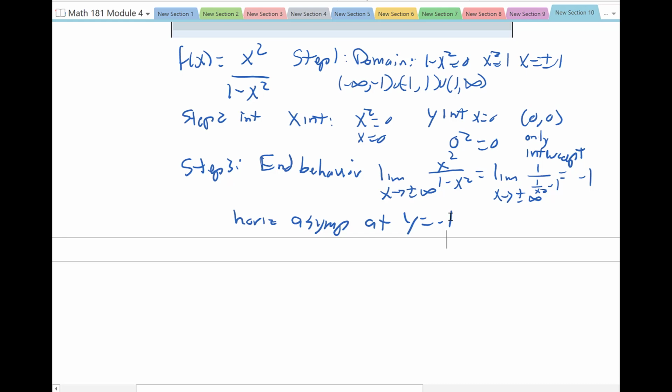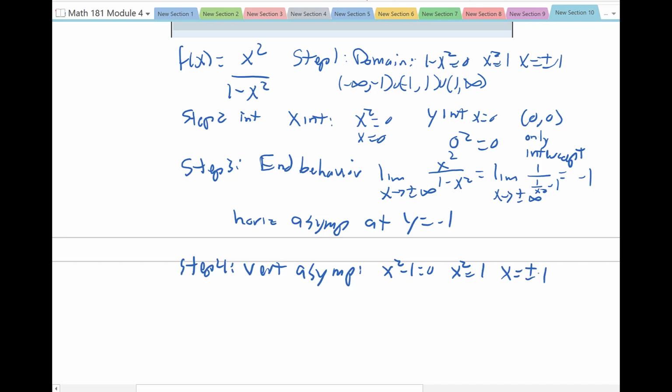Okay, next one is step 4. In step 4, we find vertical asymptotes. And I know you're probably saying to me through the screen, oh, it's clear where they are. That's where the denominator is 0. Let's do this one more step. 1 minus x squared is 0, so x squared equals 1, or x equals plus or minus 1.